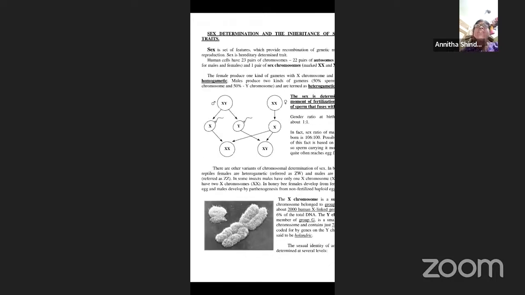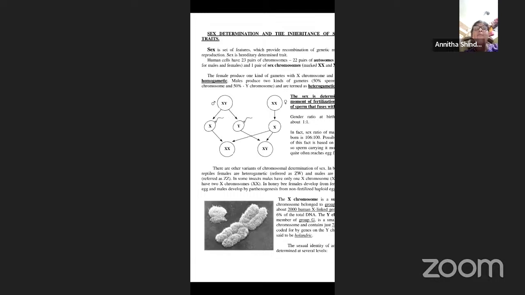In fishes, sex chromosomes have not been identified. So there is no authentic proof whether sex chromosomes are present in fishes or not. There is a little bit of ambiguity, but in humans and other animals, the sex chromosomes have been identified.